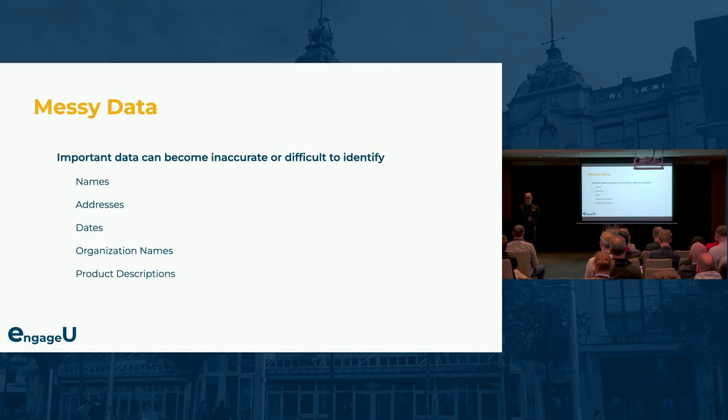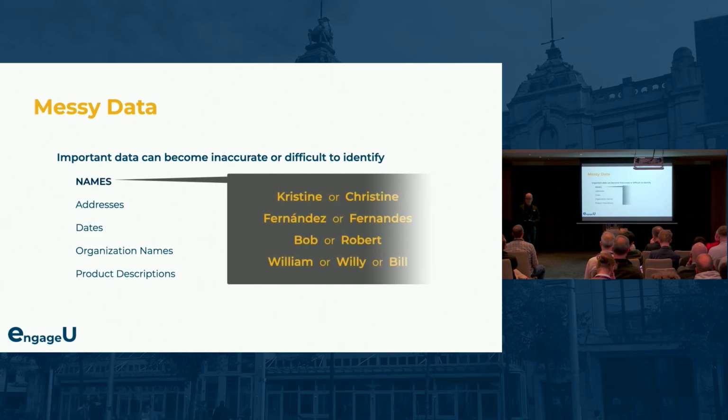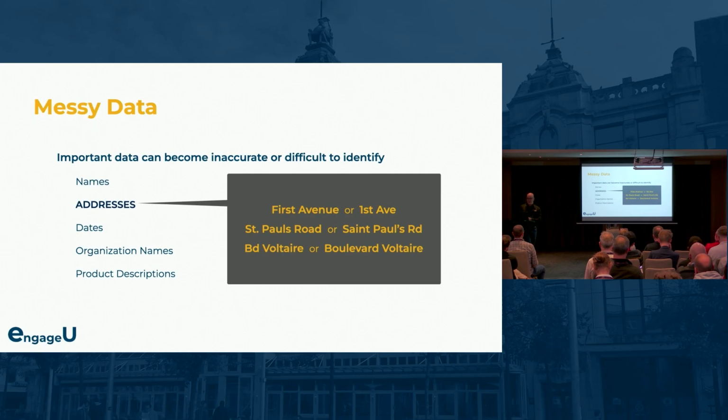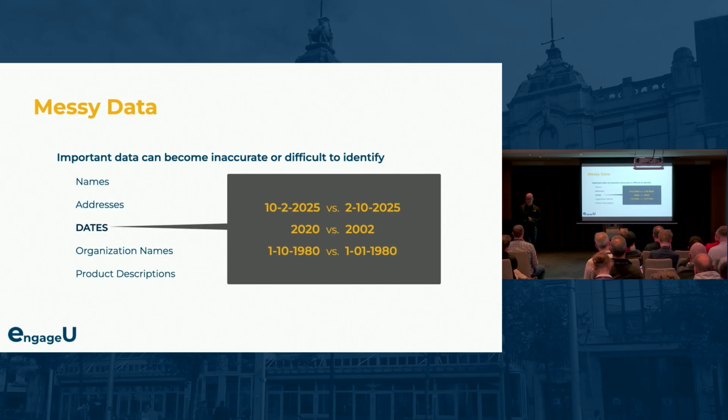There are tons of examples of the kind of data that gets messy and can cause problems. I'm going to go through a couple real fast because these are things we've all seen. Names can be misspelled. There are nicknames or different spellings depending on the language. Addresses can be written in different ways or with abbreviations.